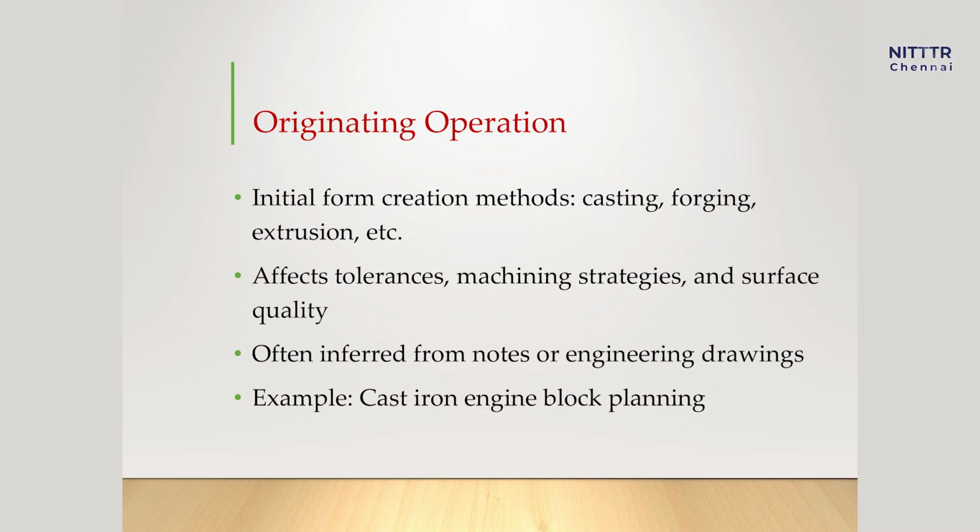Understanding how a part originates is essential because it directly affects the dimensional accuracy, tolerances, and surface quality of the product. Unlike the material specifications and geometric details, the originating operation is not always explicitly mentioned on the technical drawing. However, it can often be inferred through a footnote, annotations, or general manufacturing knowledge.